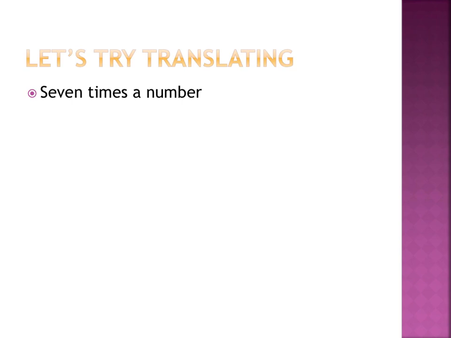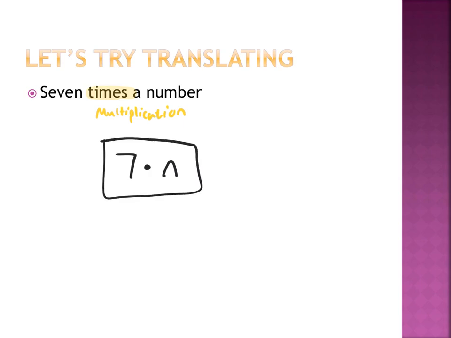All right, let's look at number 10. 7 times a number. Well, what does times mean? Times does mean multiplication. Perfect. So, 7 times a number would be 7 times n. Now, I want to show you something.